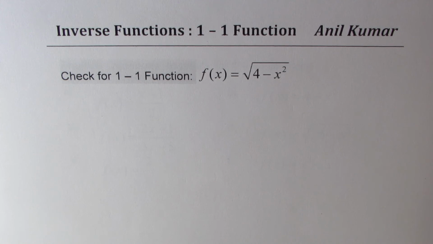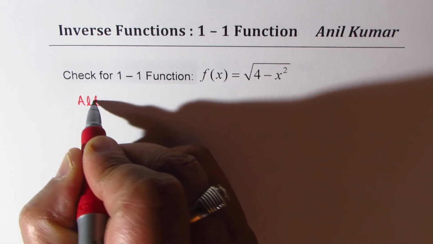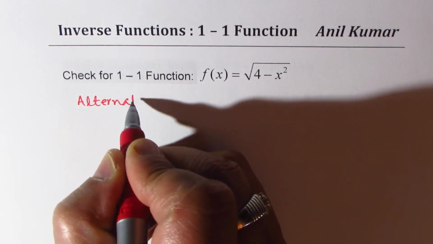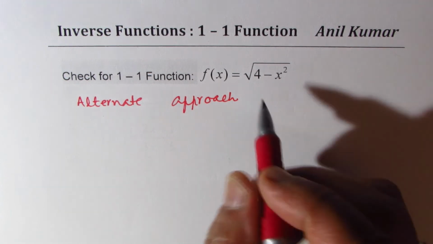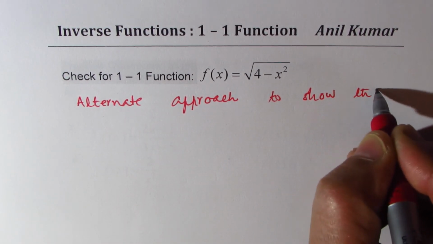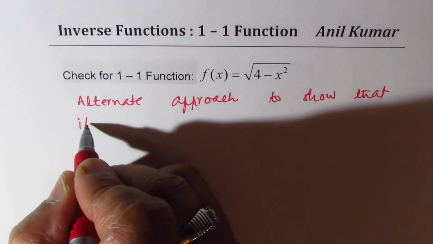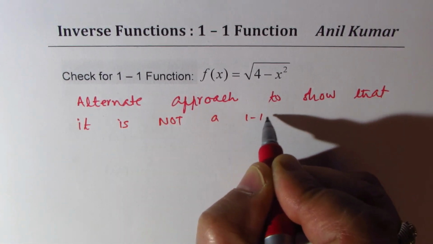Now let's take another example, and here we'll have an alternate approach to show that it is not a one-to-one function.